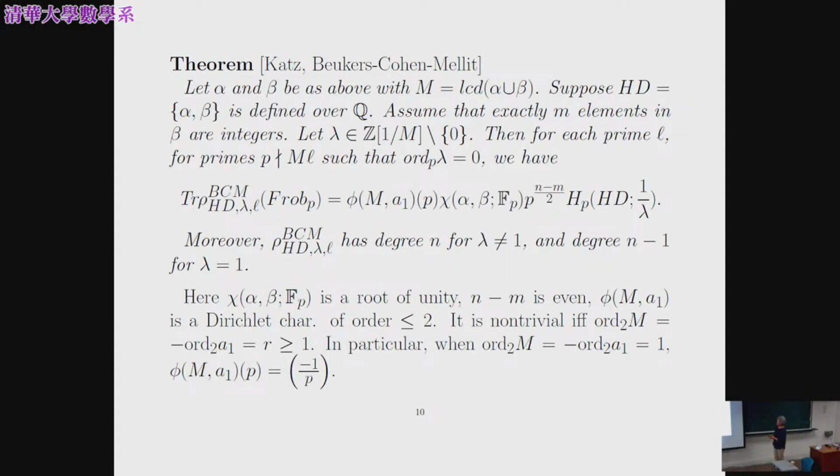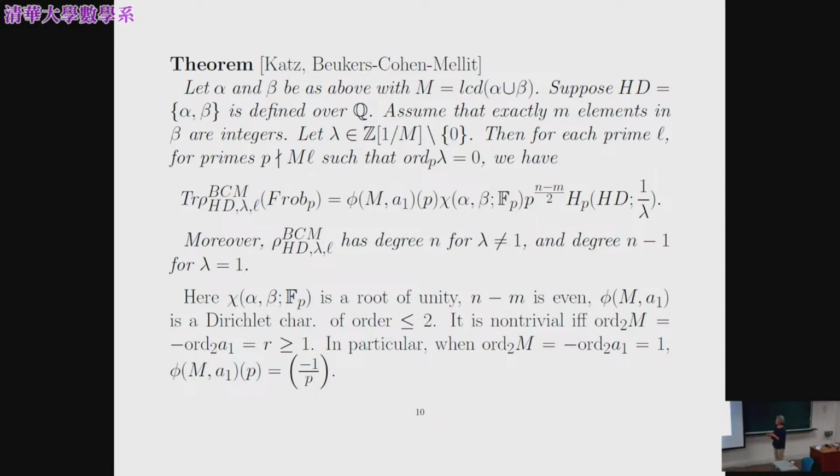The important thing is that when the data is defined over Q, we can extend the Katz representation to the BCM representation, and that BCM representation is characterized by the Frobenius trace at the prime P. You can see the Frobenius trace at prime P is given by the hypergeometric character sum, except that in front of it there is some modification.